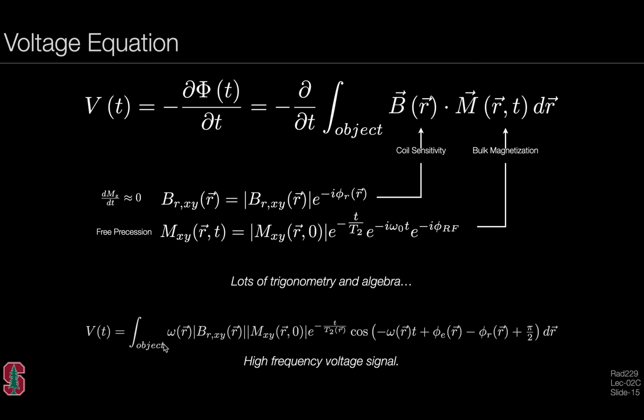So what do we see? Well, we're of course integrating over the detectable object, everything that's been excited. We have the carrier frequency, which could be a function of space. We have the B receiver sensitivity, the coil sensitivity, which we'll see can also be a function of space. Our coils are not uniformly sensitive to all spins in the volume.